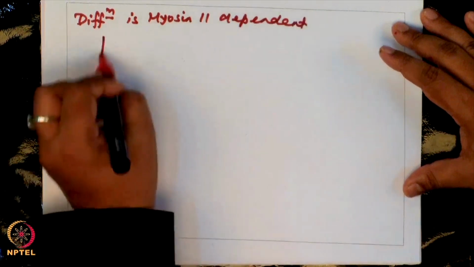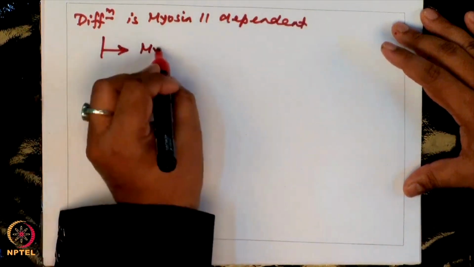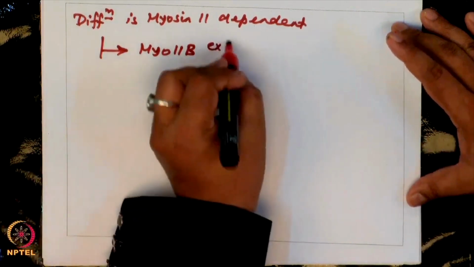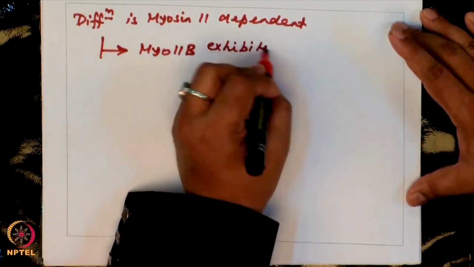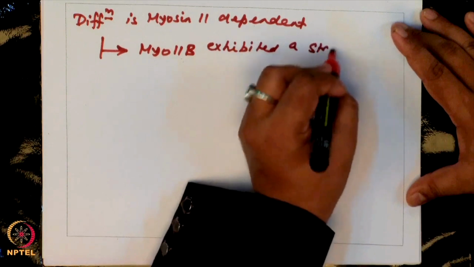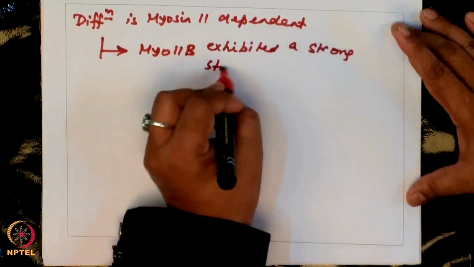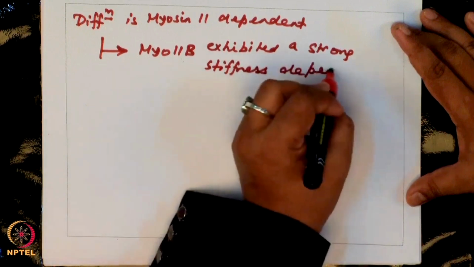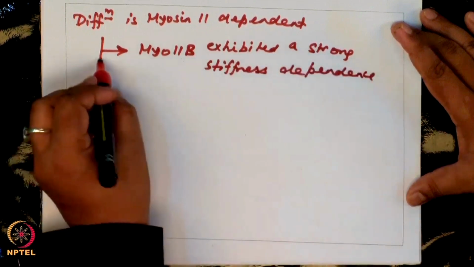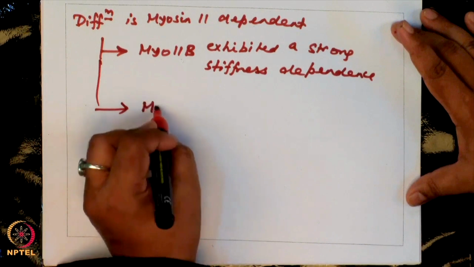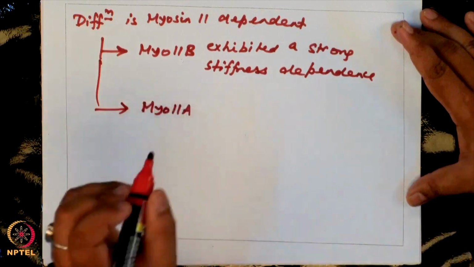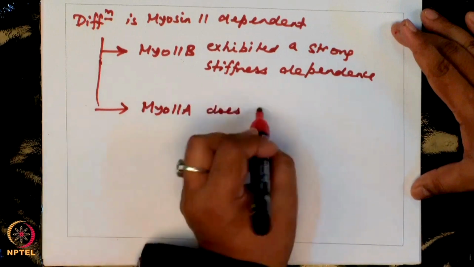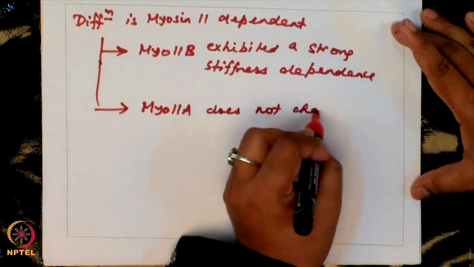What the authors found was that myosin 2b exhibited a strong stiffness dependence in comparison to 2a. 2a does not change drastically with stiffness.